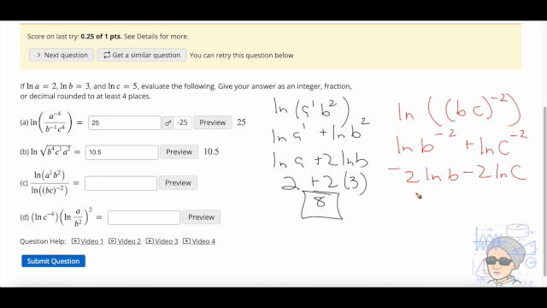Remember that the 2's will come out, or negative 2 will come out, whatever you want to think of it as. But just remember that negative 2 times ln of b is what you want here. And you want negative 2 to multiply with a ln of c, because negative times this will give you a negative 2 ln c. Now you're ready to resolve this. Negative 2, what is it? 3 plus 5.